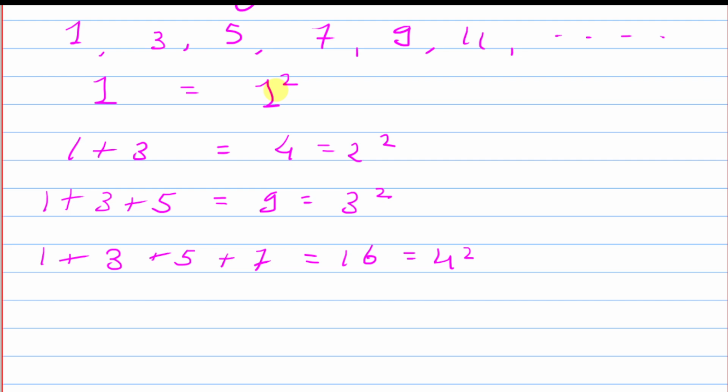If you add the first two odd numbers, it will give you 2 square. If you add the first 3 odd numbers, it will give you 3 square. If you add the first 4 odd numbers, you will get 4 square. And now can you guess, if you add the first 5 odd numbers, plus 9, it will give you 5 square.